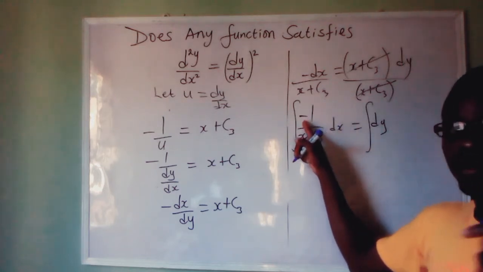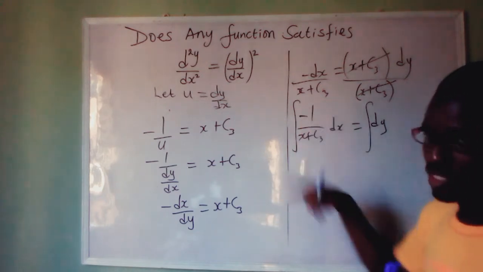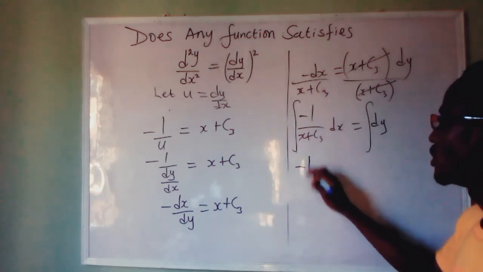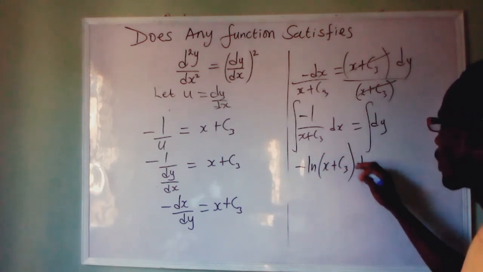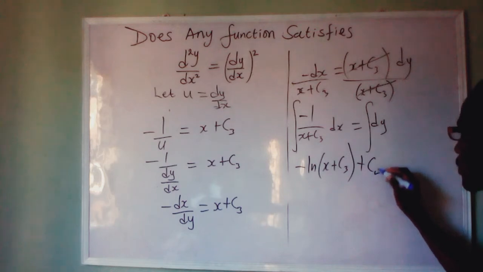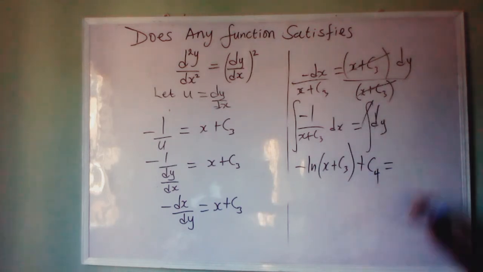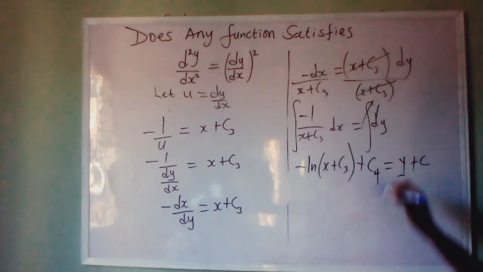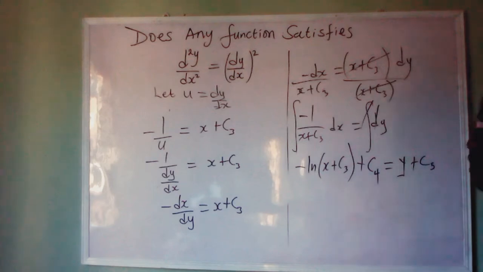But don't forget the numerator here is negative 1. So the integral of this is the negative natural log of x plus c3. Don't forget plus c. Let me make that c4. All equals, the integral goes with this dy, and I have y plus c5. So let me bring all these constants together.